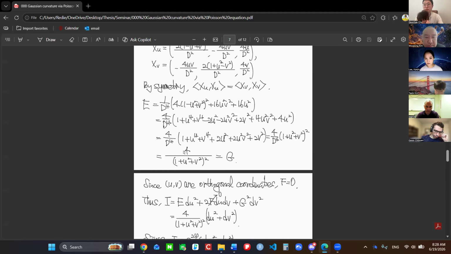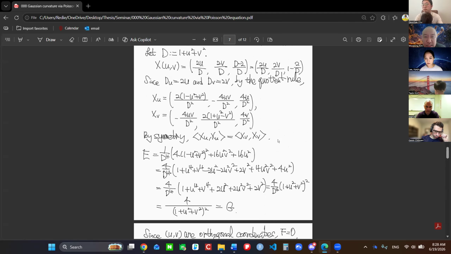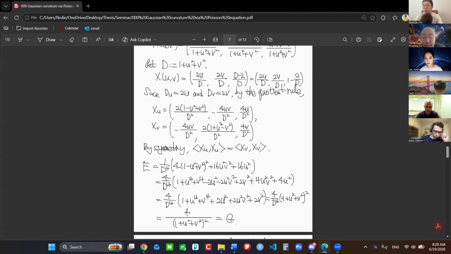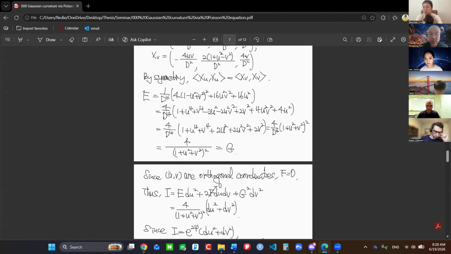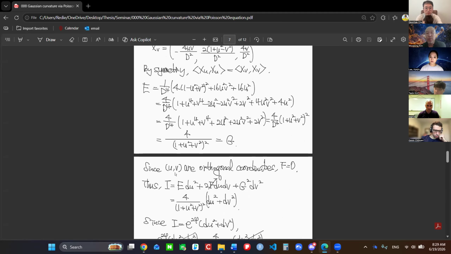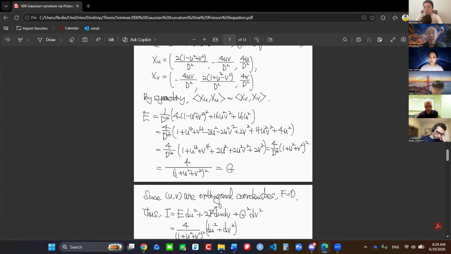So this is going to be canceled because d is 1 plus u squared plus v squared. So cancel, then we have this one as G. So in a unit sphere, u and v are just orthogonal coordinates because we just use like the xy plane.